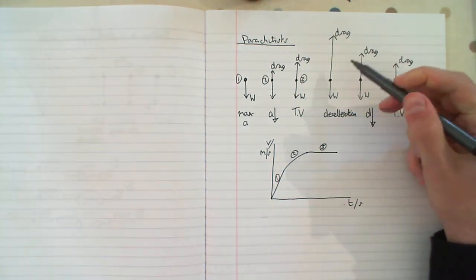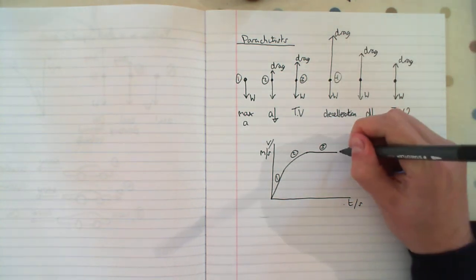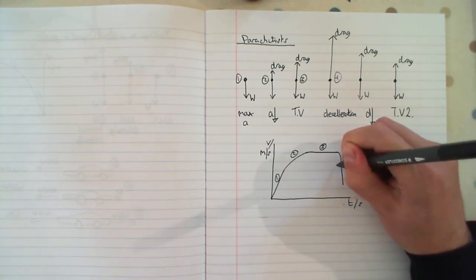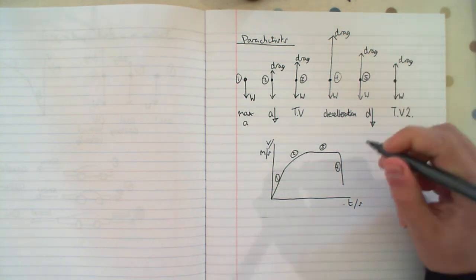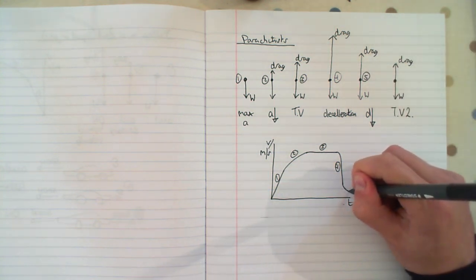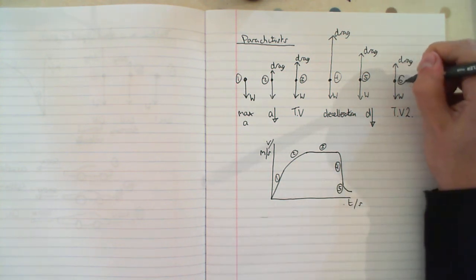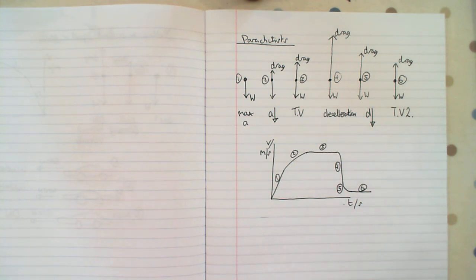At this point we open the parachute and we get a massive deceleration, so the velocity decreases rapidly. At point 5 the deceleration starts to lower, so it starts to curve, and then at point 6 we've got a terminal velocity.